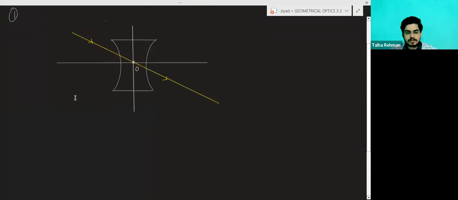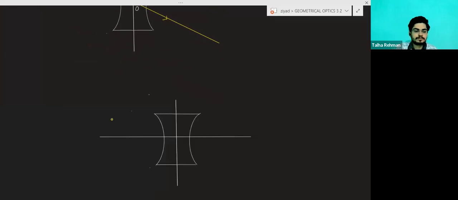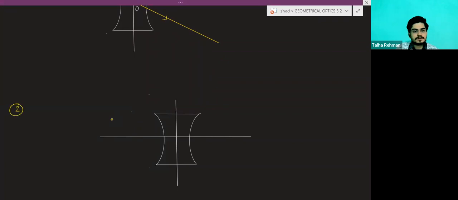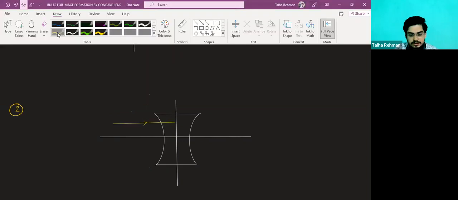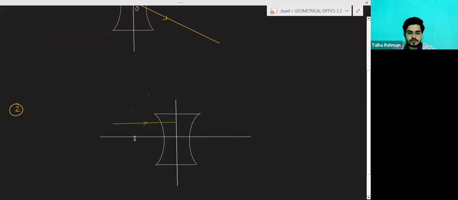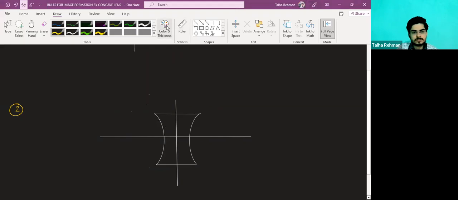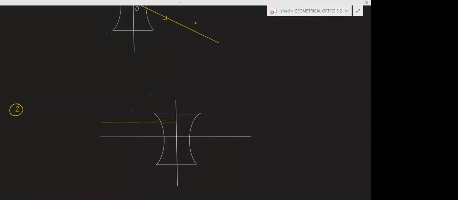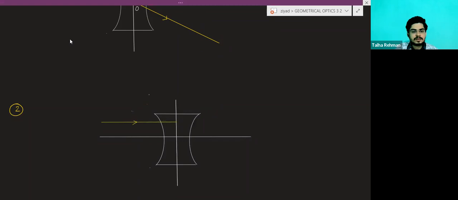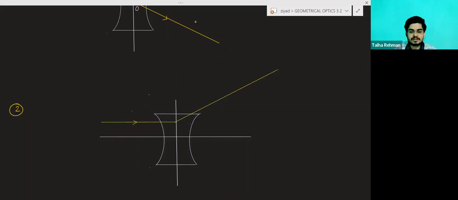This is the principal axis. Another rule, rule number second. If a ray of light is parallel to the principal axis, like this, the concave lens is diverging in nature, so this ray will be diverged like this.